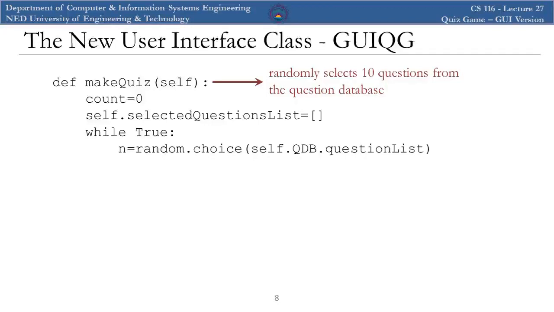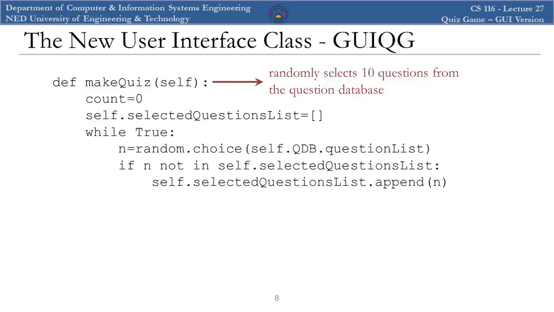Now you see, question list is actually that instance variable inside QDB, which contains the actual list, the list type variable, list of questions basically. And if the randomly selected question is not already in the list, it will simply be added to the list. And we increment the count. And if the count reaches 10, we break out of the loop. Okay, so that's what this method does. I did not change it at all.